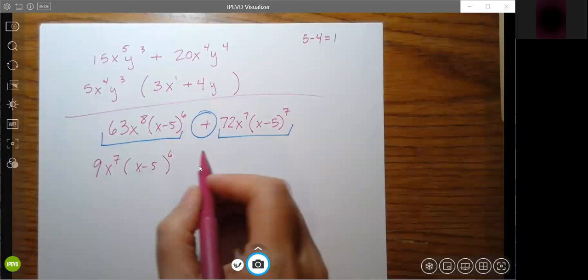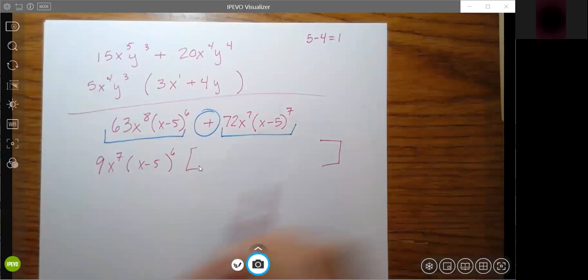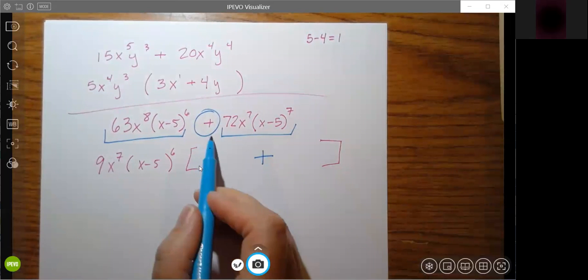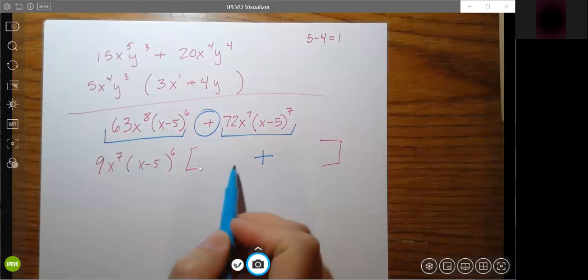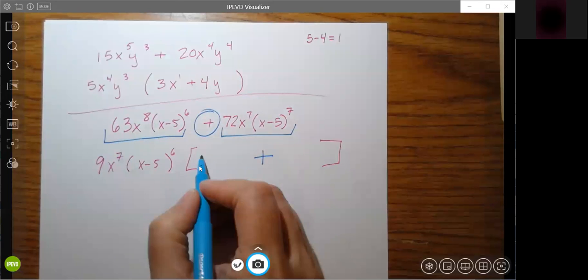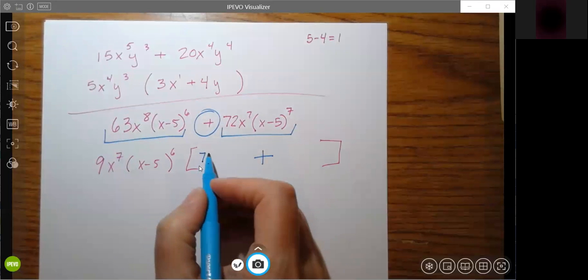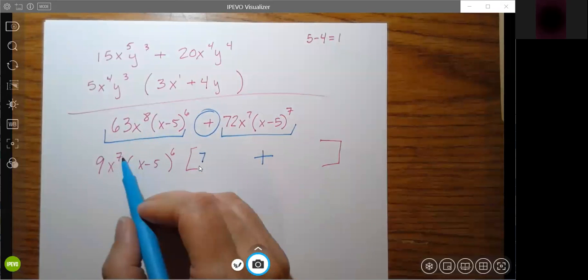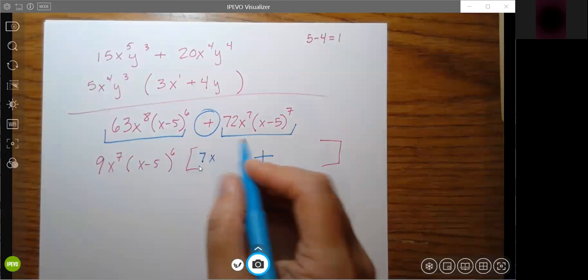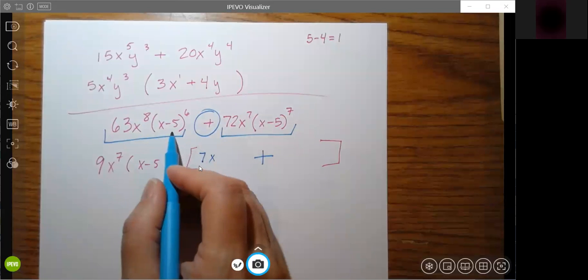6. Okay, then a bracket with a plus in the middle of it to mean this plus right here is going to put our leftover stuff. 63, we pulled out a factor of 9, so we got 7. How many x's did we keep inside? 1. 1 power of x. How many of these quantities?